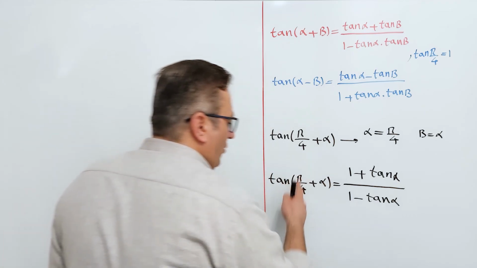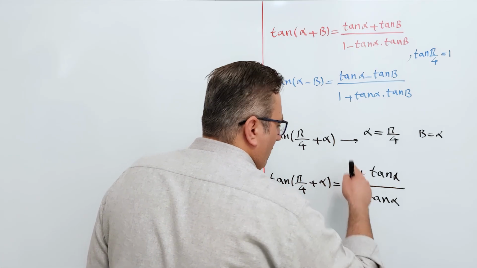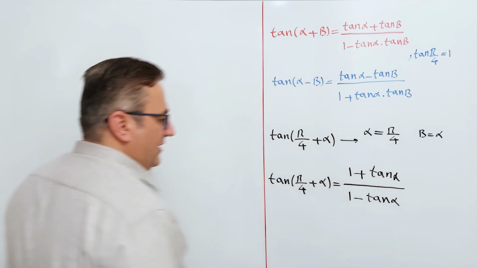So tangent pi over 4 plus alpha is equal to 1 plus tangent alpha divided by 1 minus tangent alpha.